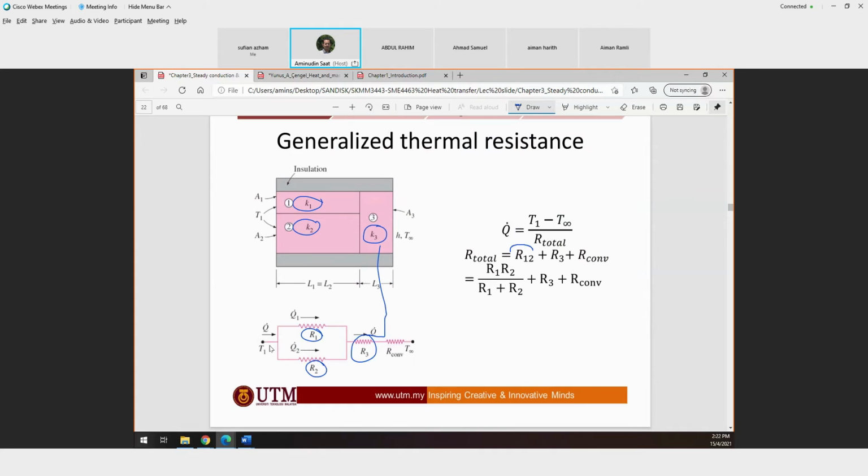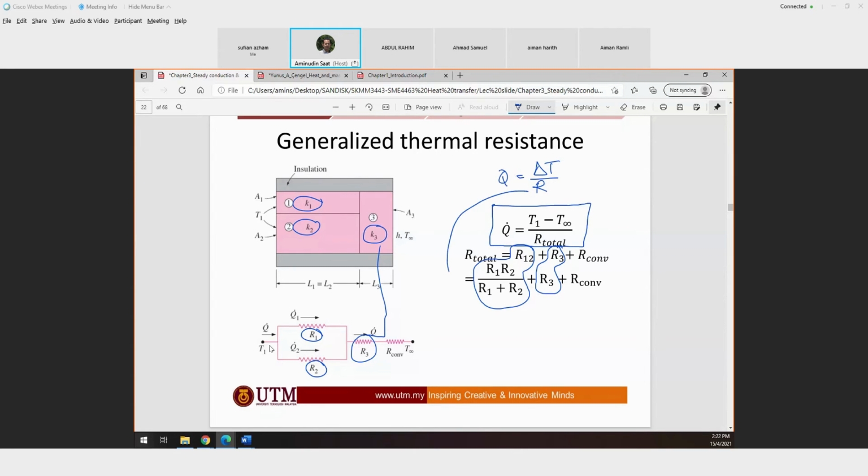Find the equivalent resistance R12 before you add R3, because R3 is a series resistance. You still use the same general conduction equation, Q equals delta T over R, but the R calculation will depend on how your thermal resistance diagram looks.